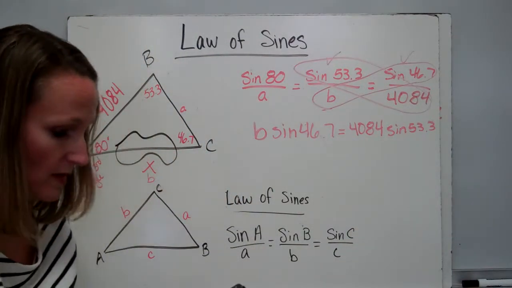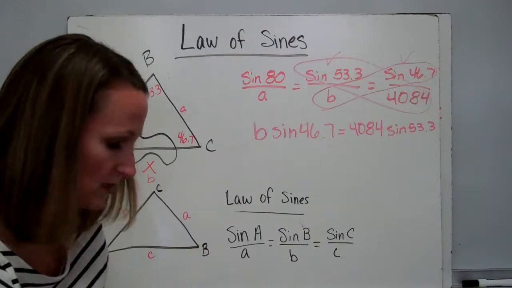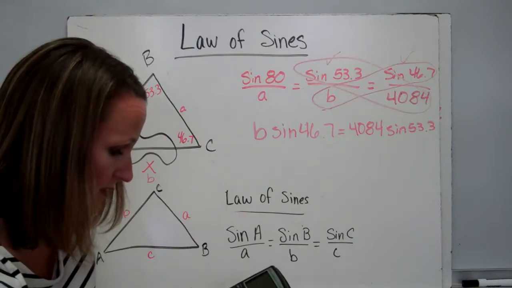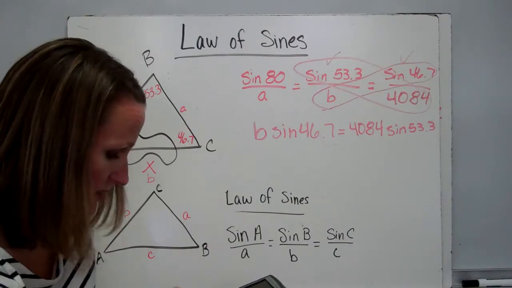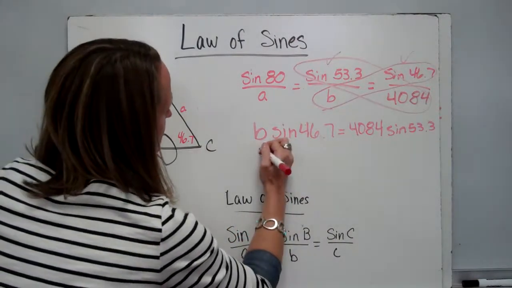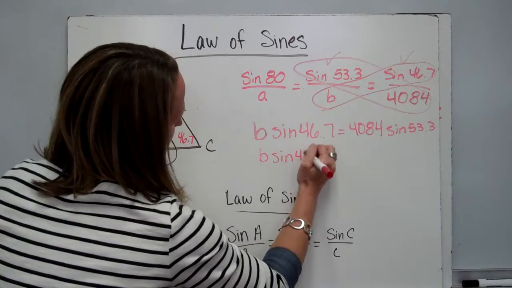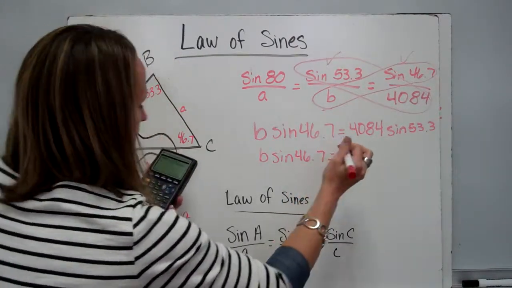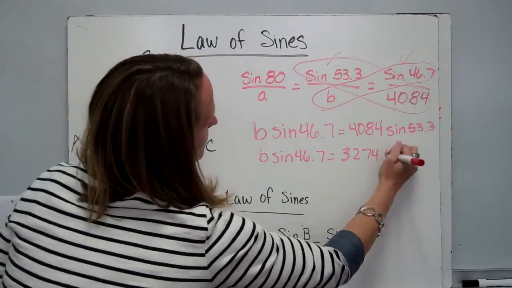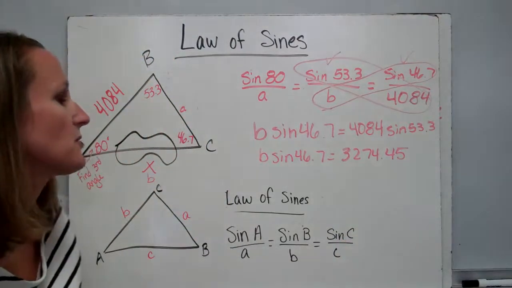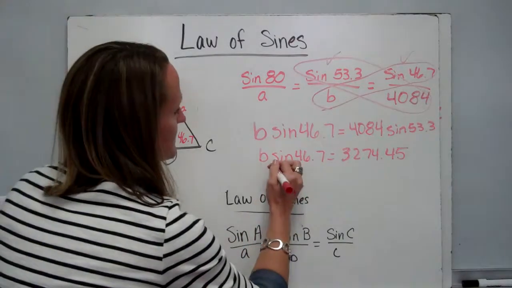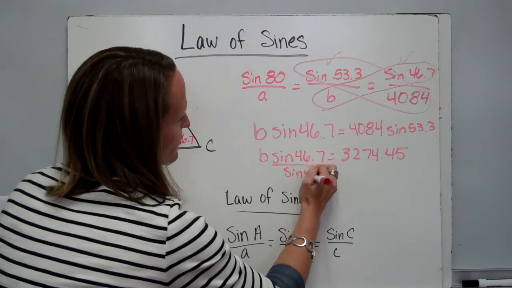Just like we've been doing, make sure your calculator is in degrees. So go ahead and do 4,084 times the sine of 53.3, and you get 3,274.45. Okay, but I'm still not done because I'm looking for B. To isolate B, I'm going to divide both sides by the sine of 46.7.